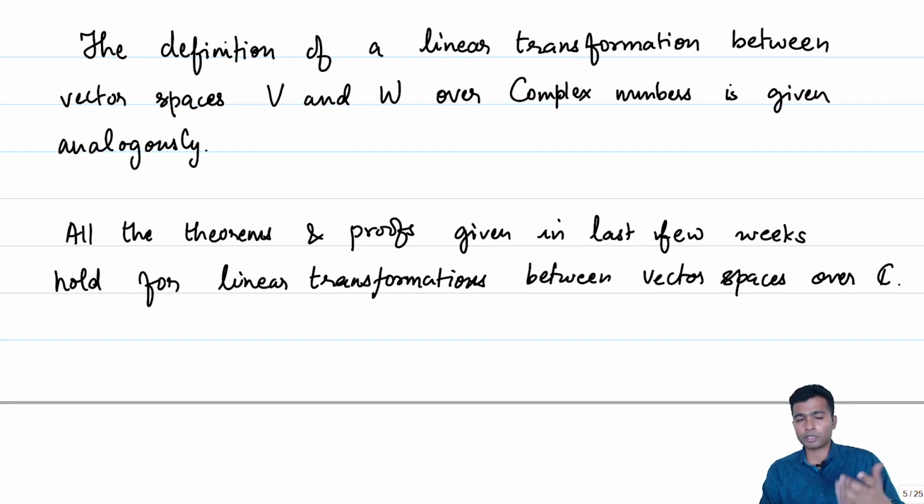For example, the dimension theorem holds, and all the consequences of the dimension theorem hold. For example, if the dimension of a complex vector space V is n, then a set of n linearly independent vectors in V should necessarily be a basis.